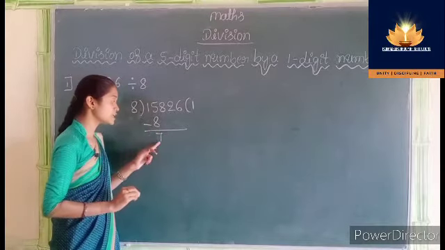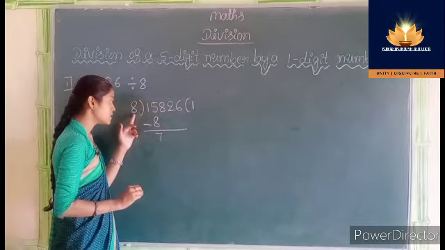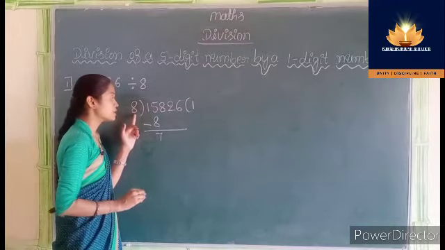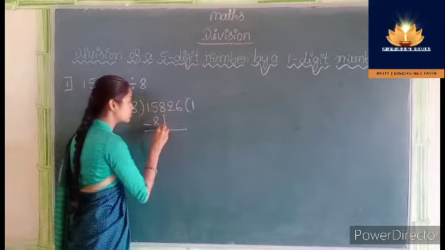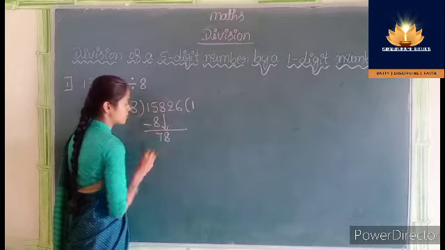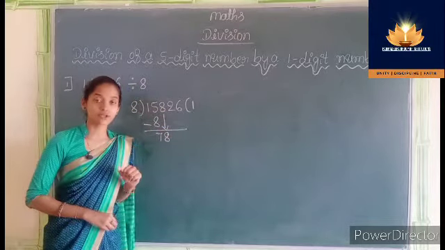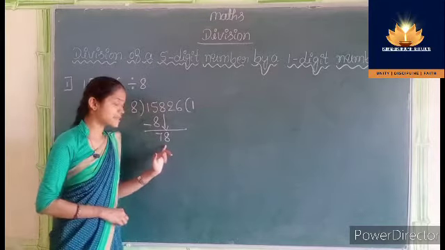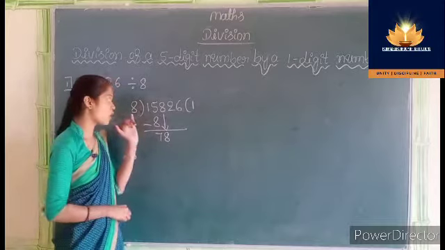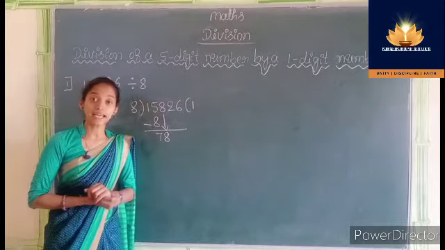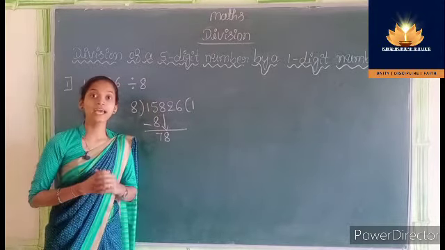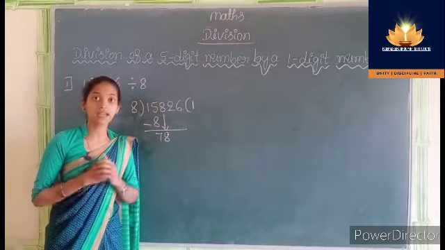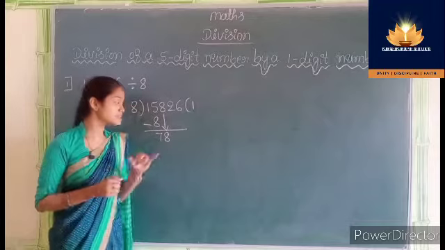This 7 is less than this 8. We cannot divide 7 by this 8. That's why we have to bring down this 8. Now find out which number is less than or equal to this 78 in the table of 8. 8 8s are 64, 8 9s are 72, 8 10s are 80. 80 is greater than this 78.